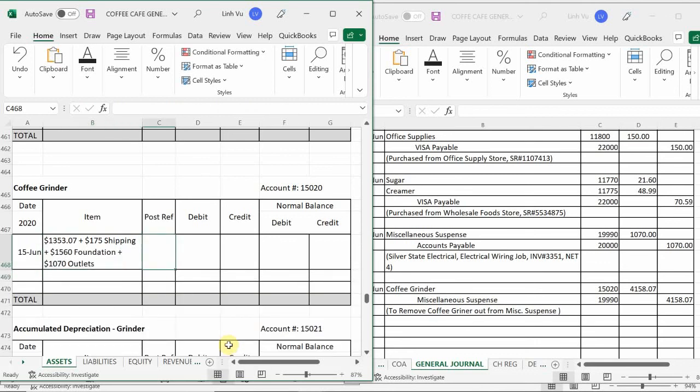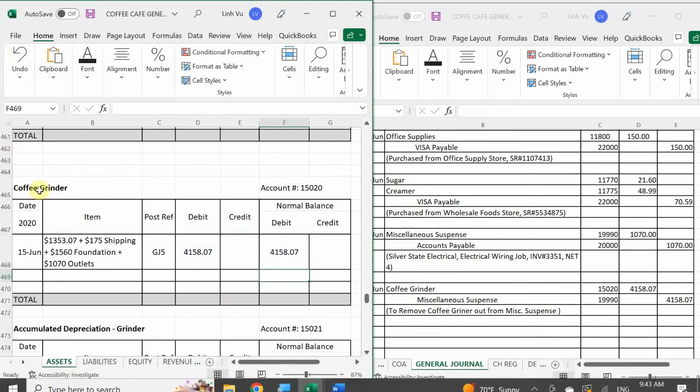That is why my grand total is $4,158.07 exactly. Now in this case, I forgot to include the tax.